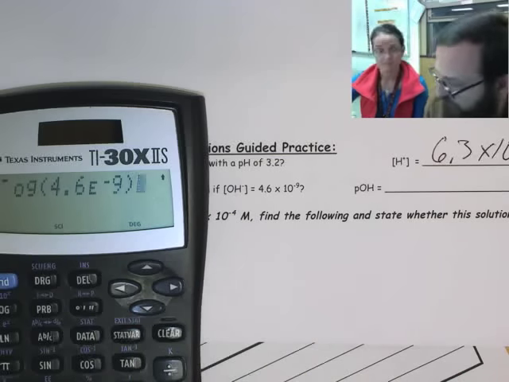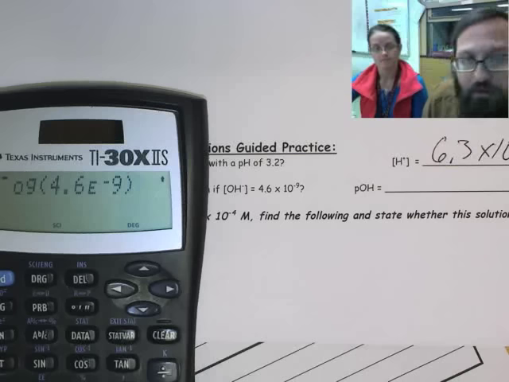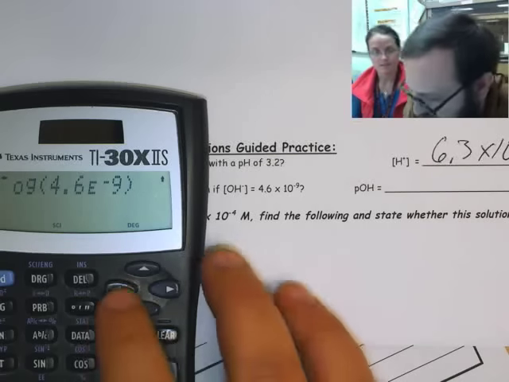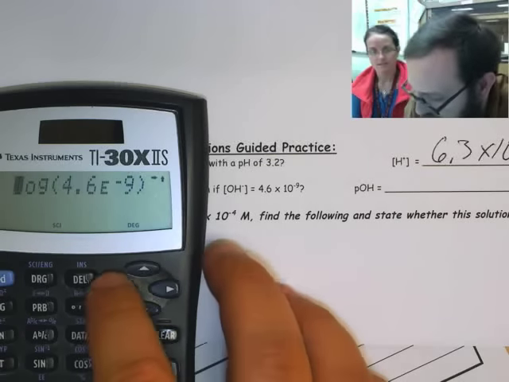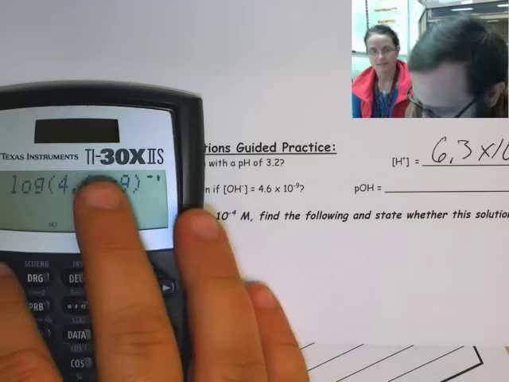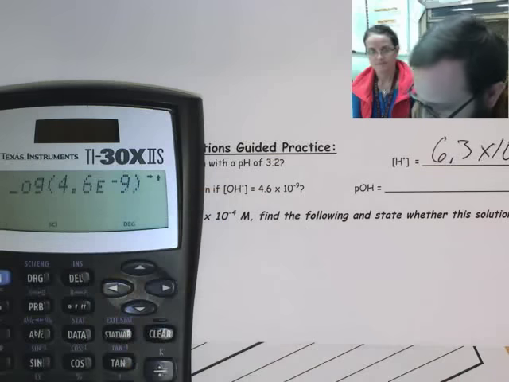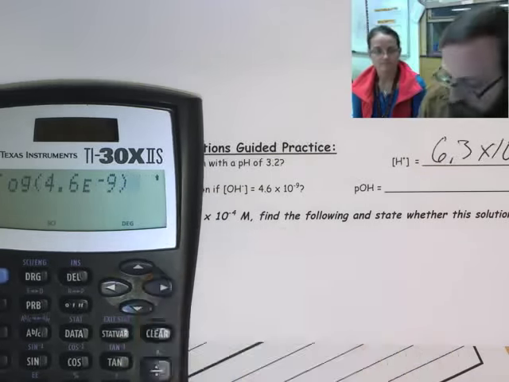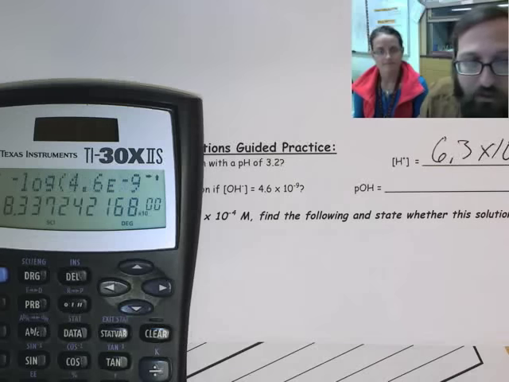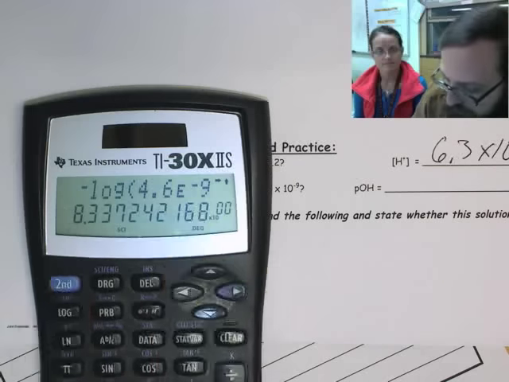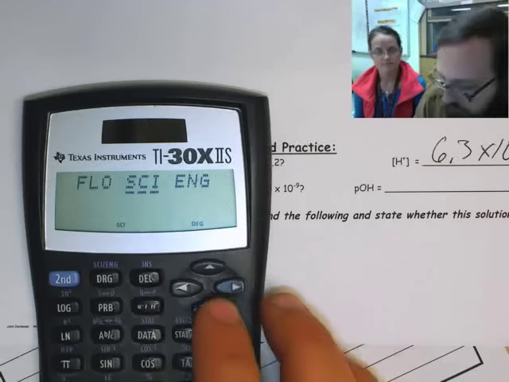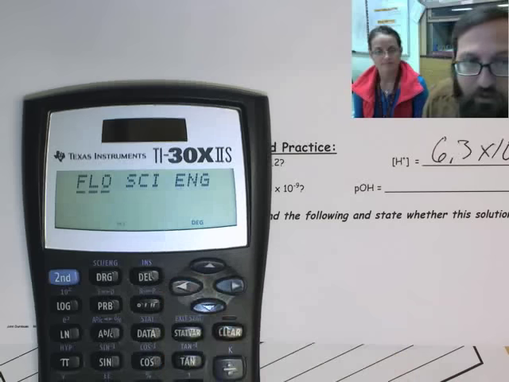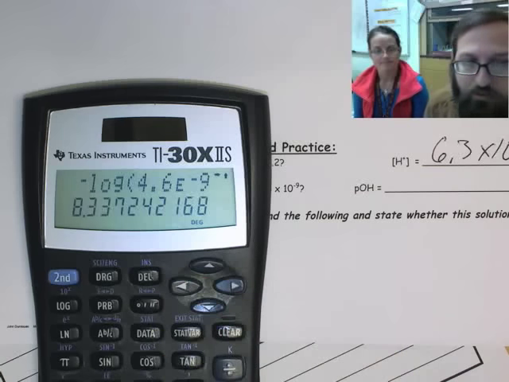Close our parentheses. Oh, I forgot. There's a negative. Insert a negative here. It's the negative log. Sorry. Hit enter. And it's in scientific notation, so I'm going to put it in regular, which is float. And we get 8.337, so we just call that 8.3. Awesome.